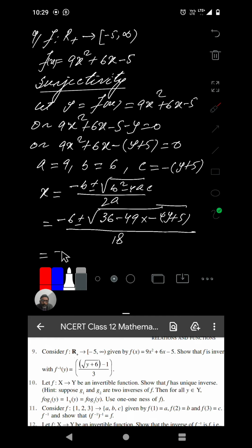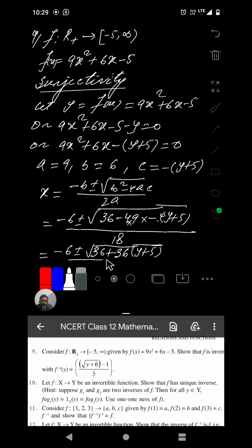That is equal to minus 6 plus minus under root 36, and 4a is 4 into 9, so 36, plus 36 times the bracket y plus 5.